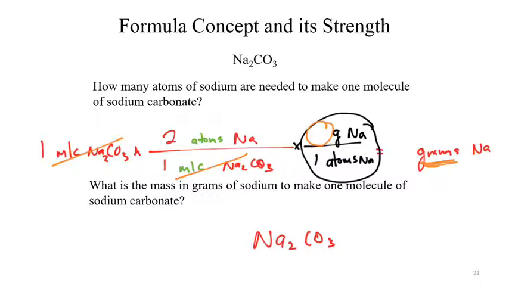So that conversion, while possibly existing, I can't deal with it at that scale. Which means when we go all the way back to the initial question, a single molecule of sodium isn't something I can get a hold of, or even a molecule of sodium carbonate. So how do we deal with this issue of scale? Because my chemical reaction gives me the number of pieces that go in. Mass is how I weigh things.